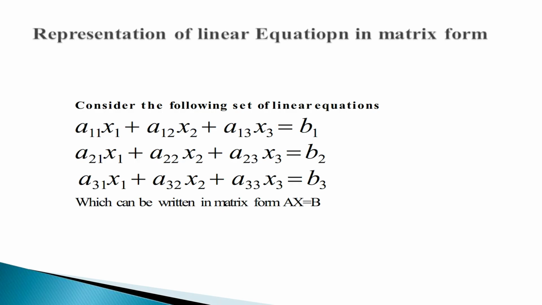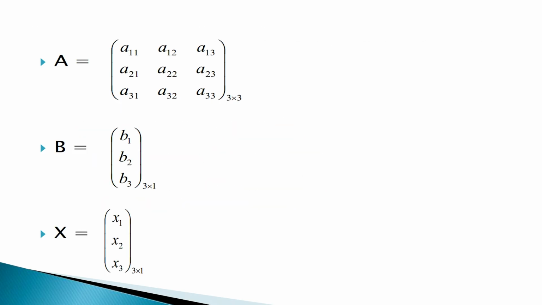Consider the following set of linear equations: a11 x1 plus a12 x2 plus a13 x3 is equal to b1, a21 x1 plus a22 x2 plus a23 x3 is equal to b2, a31 x1 plus a32 x2 plus a33 x3 is equal to b3, where a11, a12, a13, a21, a22, a23, a31, a32 and a33 are known as the coefficients, b1, b2, b3 are the constants and x1, x2, x3 are the variables.